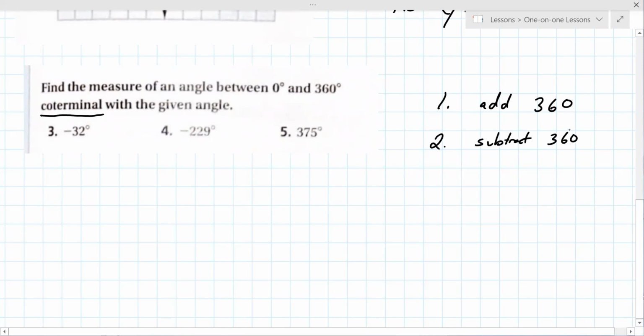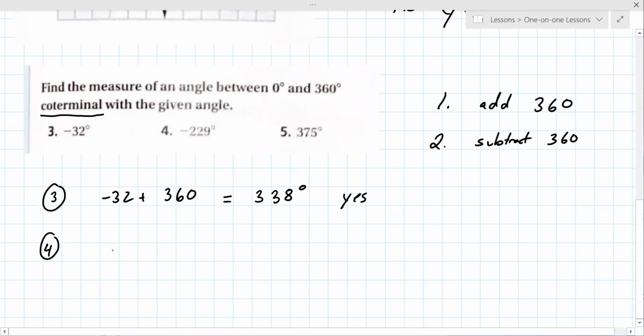It depends which way you're trying to go, whether you need the number larger or smaller. This is negative, so for number 3 we need to add 360 degrees, and that gets you to 338 degrees. And is that between 0 and 360? Yes, so we're good on that one.